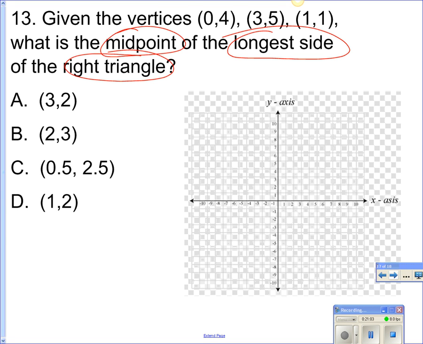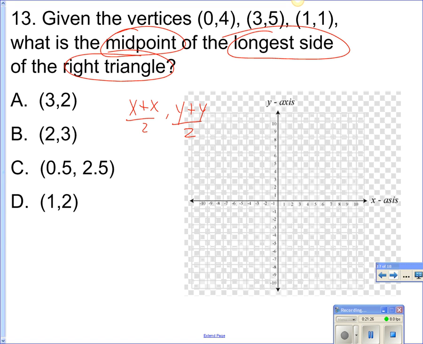Jeremy, what's the midpoint formula? Very good. Madison, what are we going to have to do next? Good, you're going to have to do your graph.